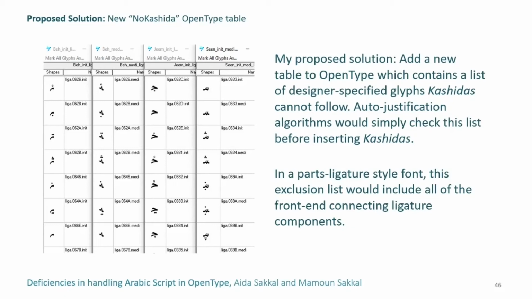In parts ligature style fonts, the exclusion list would just be all of the front end connecting ligature components. The auto-justification algorithms would then check that a glyph isn't included in the no kashida table before inserting a kashida. This is a simple technical solution to fix one of the most obvious failures in Arabic text composition. Unfortunately, I haven't been able to make much progress towards getting it implemented, though I have presented the idea several times.